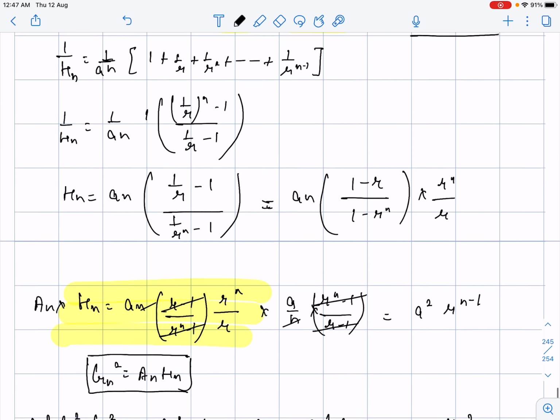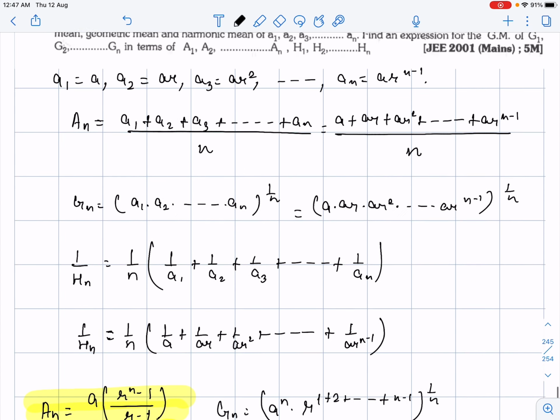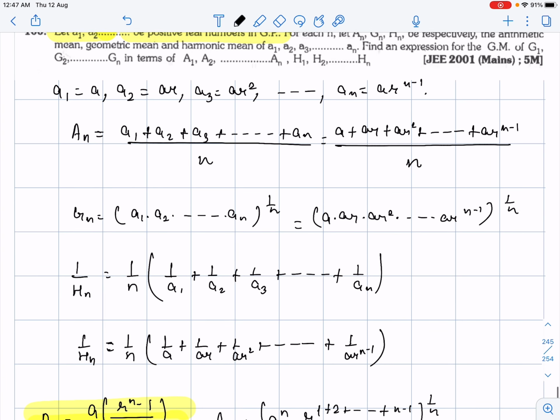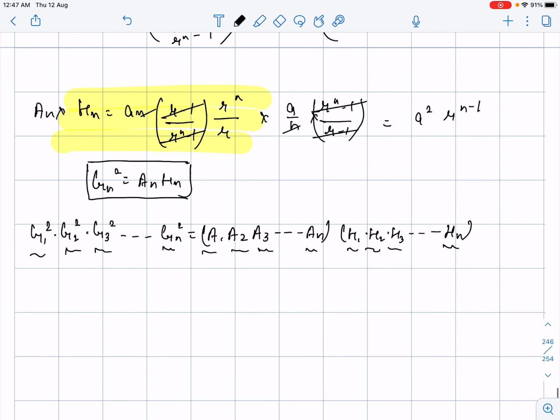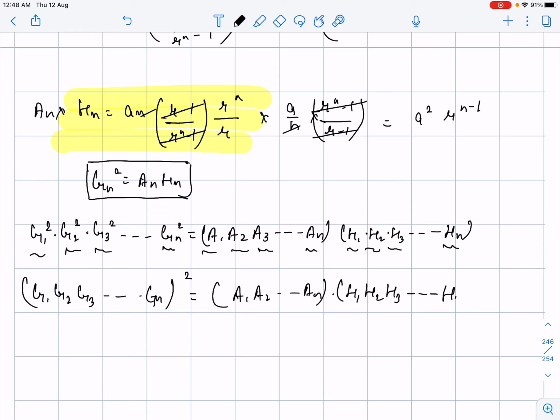Now guys, what do we want? We want the relationship between g1, g2, g3 so on up to gn, a1, a2, a3 so on up to an, and h1, h2, h3 so on up to hn. So we may write g1 dot g2 dot g3 goes on up to gn, the whole square, is equal to a1 dot a2 dot a3 goes on up to an multiplied by h1 dot h2 dot h3 goes on up to hn.